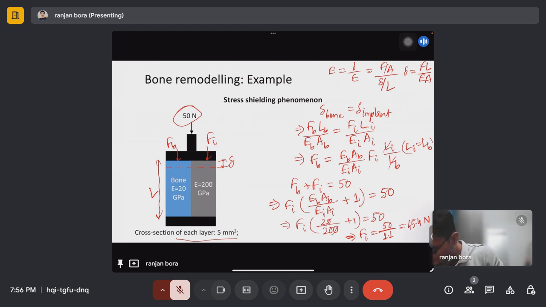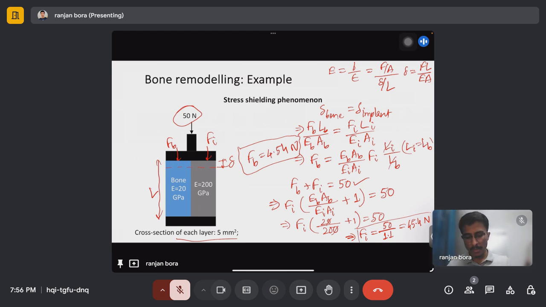And from this expression, you will find out FB. FB is 4.54 Newton. So you have found out FB and FI.